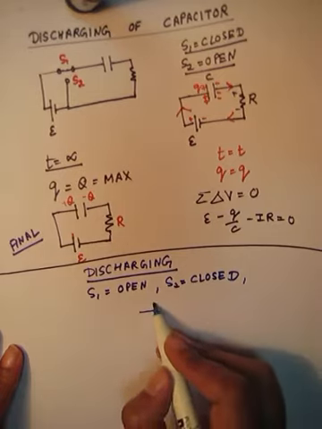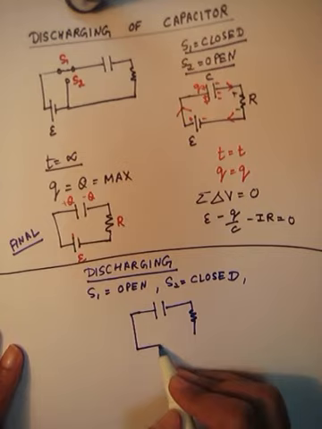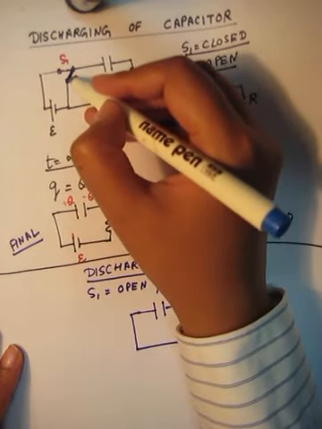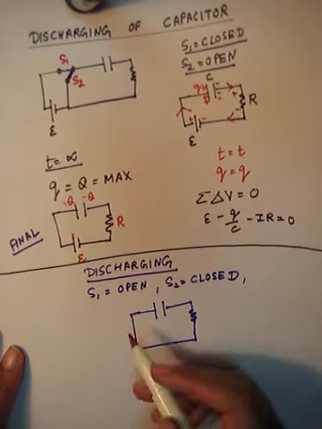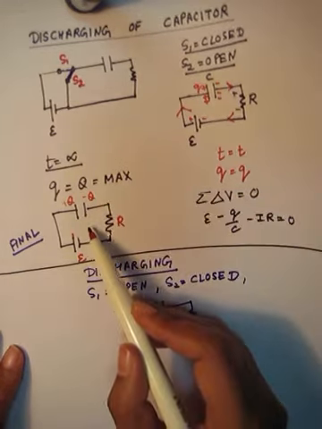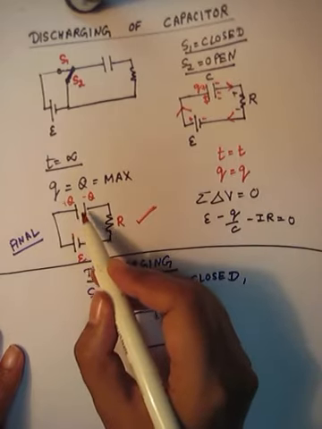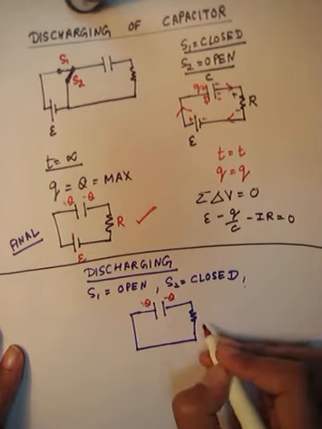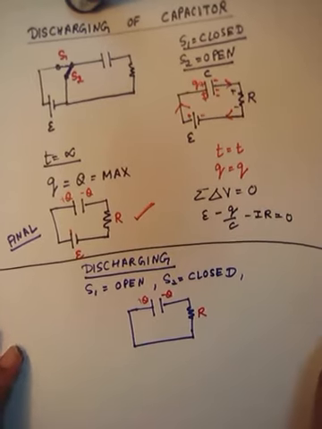Okay, so now you'll have a capacitor, a resistor, and no battery involved, because now this switch will be closed and therefore it will look like this. And this switch is closed when we have this situation when the capacitor has maximum charge. So it will have a charge of plus Q, minus Q and R. So this is how a circuit will look like.